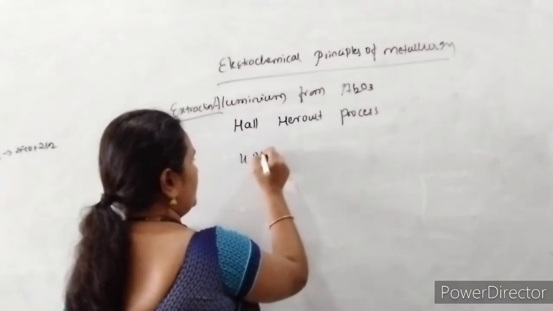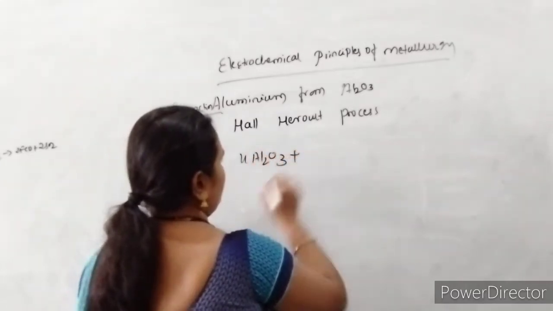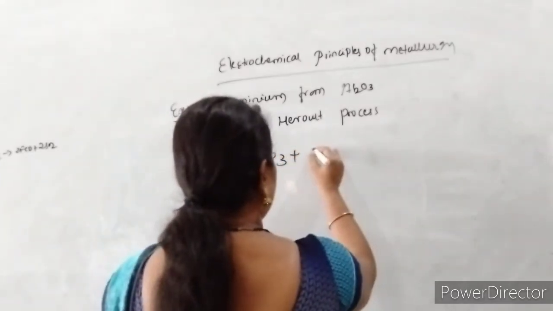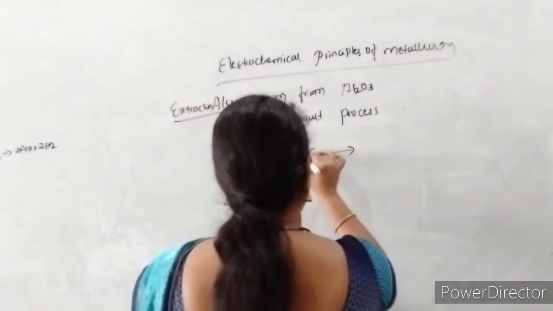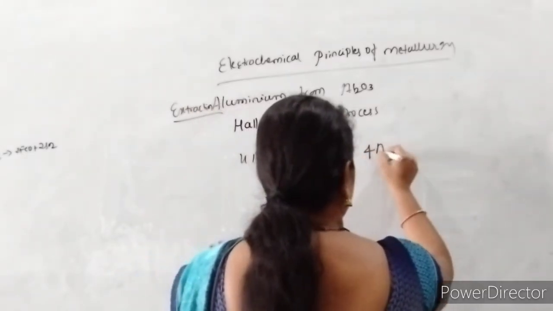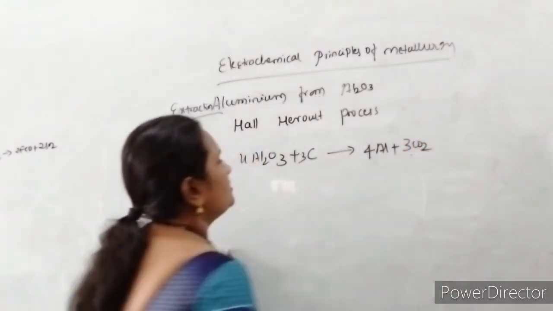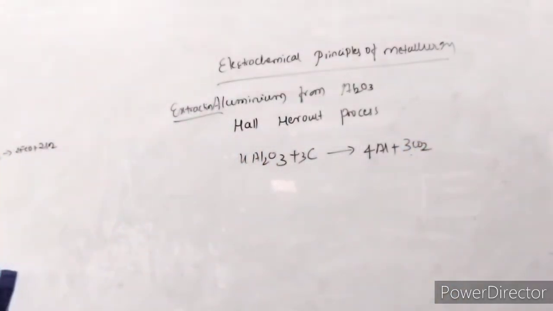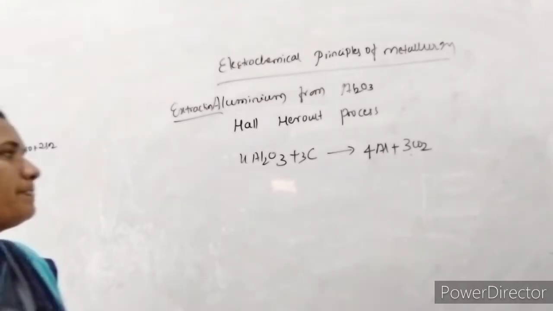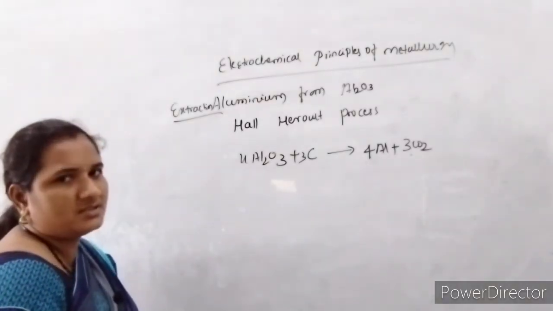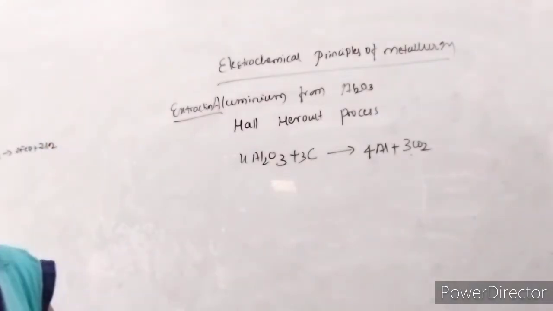Al2O3 gets reduced into aluminium, along with the liberation of carbon dioxide. The name of this process is the Hall-Héroult process.